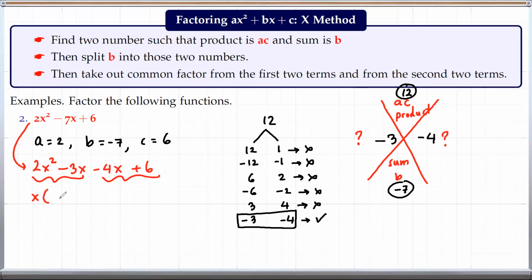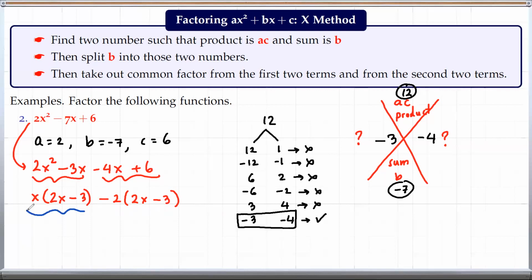So if you do that, you are left with 2x from the first one and just -3 from the second one. And from these two, you can factor out -2. If you do that, you are left with 2x from the first one. And from the second one, we are left with -3 because -2 times -3 will make +6.